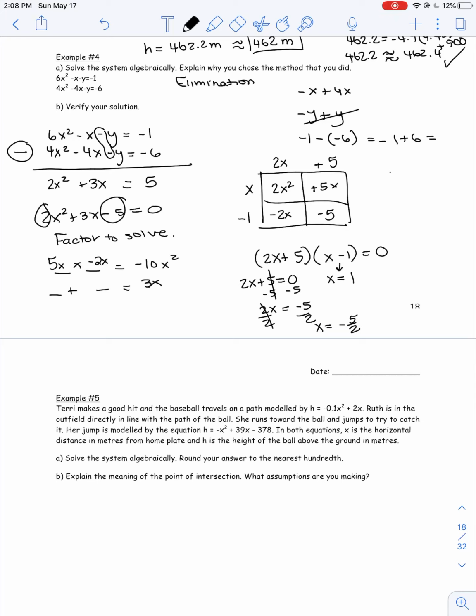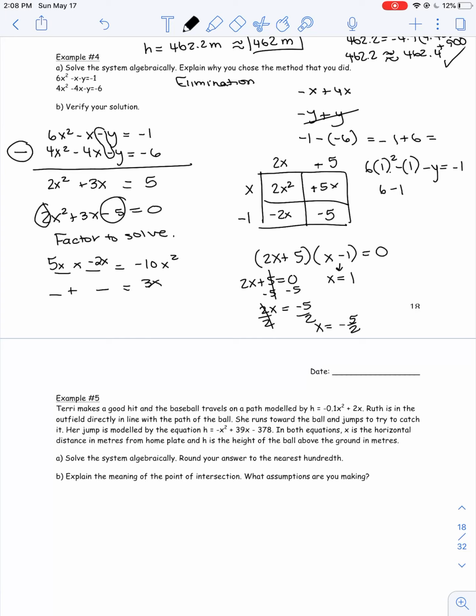Now, once you find one coordinate, you have to solve for the y coordinate as well. So this is where we solve for y. So we're going to plug in x as 1, for example, into the first equation or the second one. You have a choice. So we're plugging in 1 wherever we see an x. Now we need to solve for y.